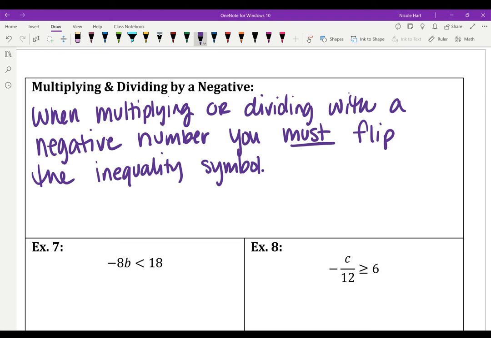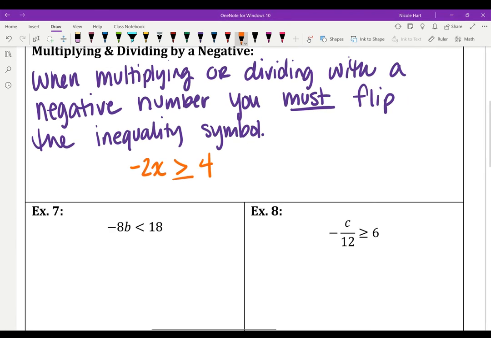So, for example, to give you an example of what I'm talking about, if I have negative 2x is greater than or equal to 4. In order to get x by itself, I am going to have to divide by that negative 2 on both sides. When I divide by that negative 2, I am going to flip the symbol.